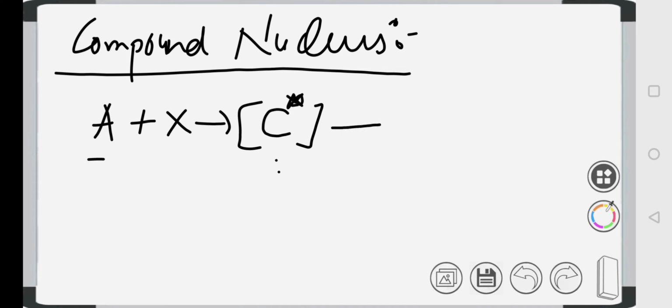As it is unstable nuclei in higher excited state, after some time it will decay into a final product, that is Y plus B, outgoing particle and daughter nuclei.